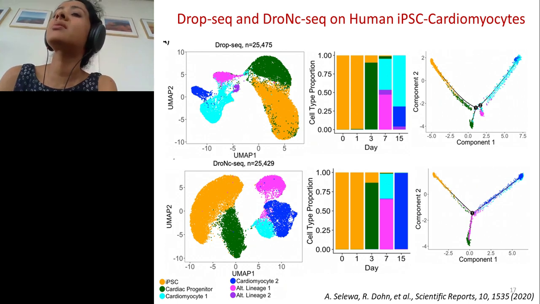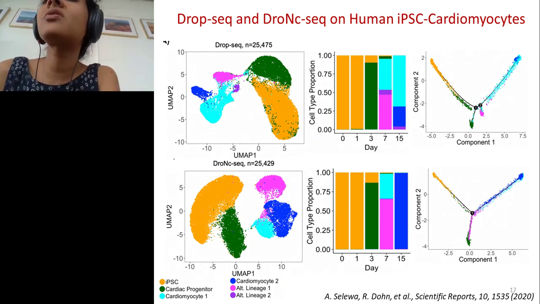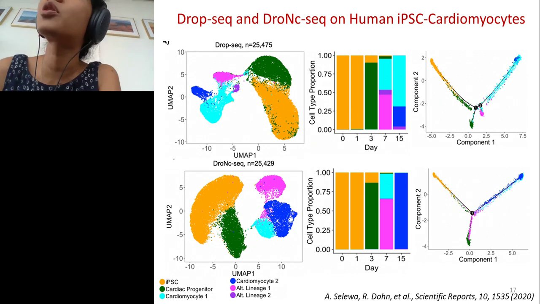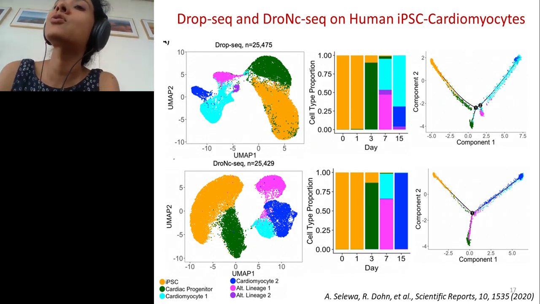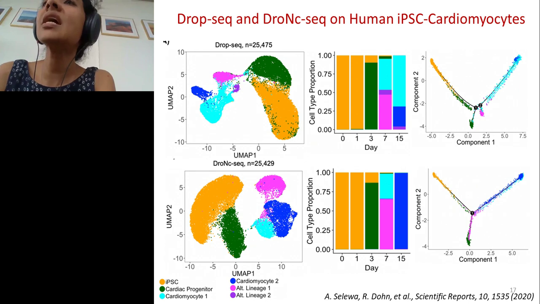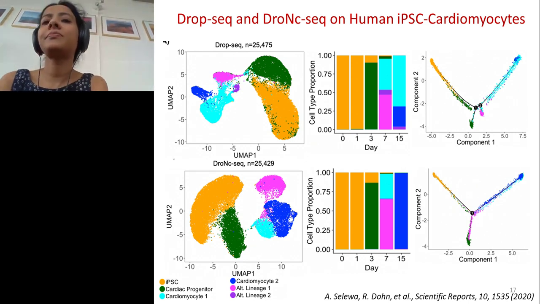Both these techniques give very similar results. I should also point out that there's a very small fraction of cells that the single cell protocol manages to identify that is not identified by the single nuclei protocol. And with that, I am going to stop my presentation.